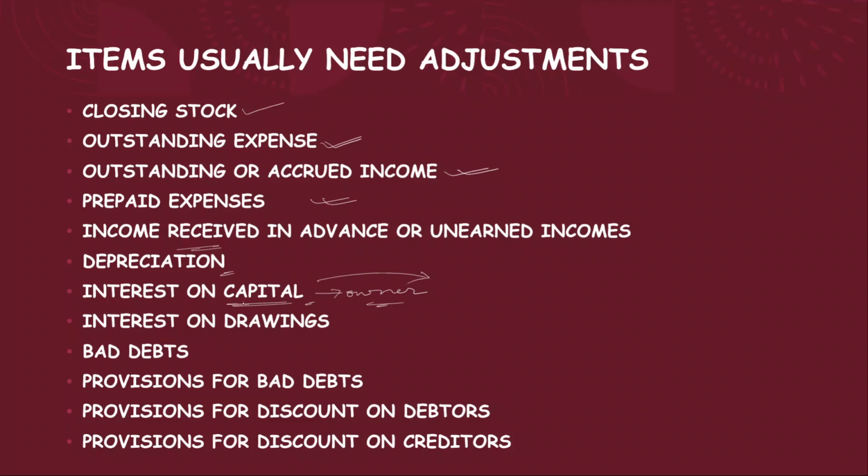So he will charge some interest on the owner's money and it becomes our expense. That is interest on capital. Interest on drawings: if the owner is drawing money out of the business, we also charge interest on whatever money he has drawn from the capital. Bad debts, provision for bad debts, provision for discount on debtors, provision for discount on creditors.